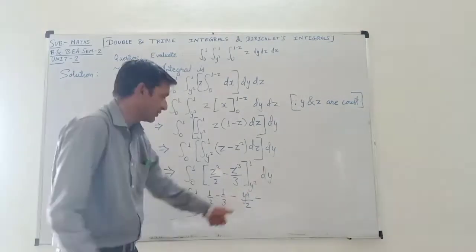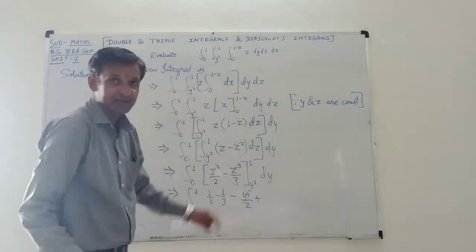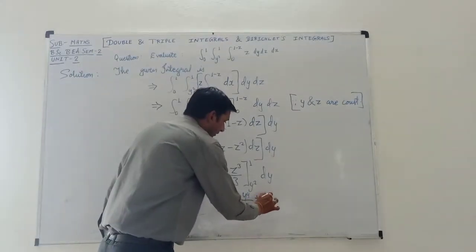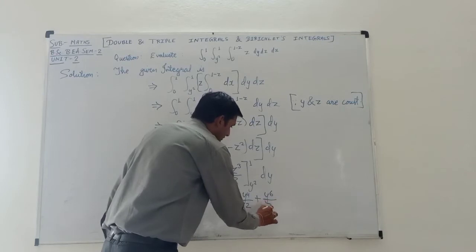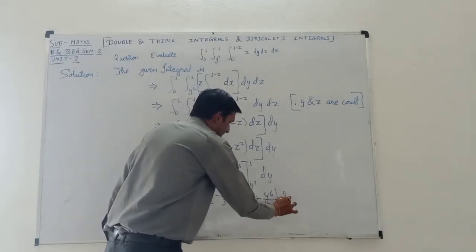So minus into minus will become plus. And here it is y square raised to the power 3, that is y raised to the power 6, y raised to the power 6 upon 3. And this complete we have to integrate with respect to y.